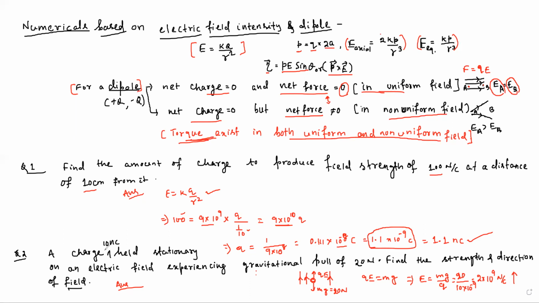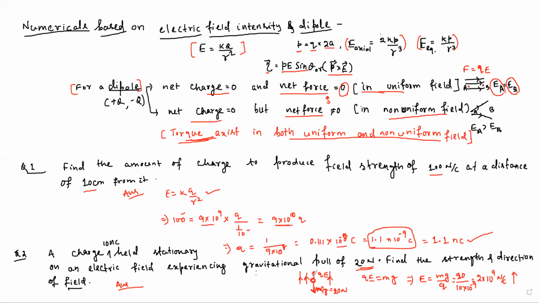Next question, a charge of 10 nanocoulomb held stationary in an electric field is experiencing gravitational pull of 20 Newton. The charge is experiencing gravitational pull vertically downward. Gravitational pull is always vertically downward, which is 20 Newton, and the electric force should be in the opposite direction to make it stationary.